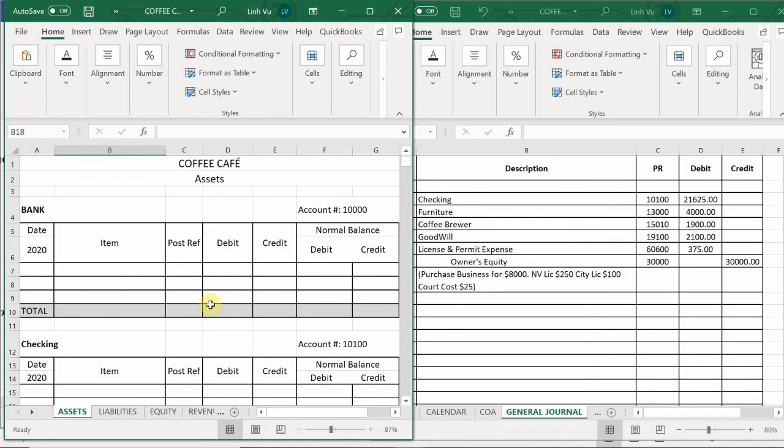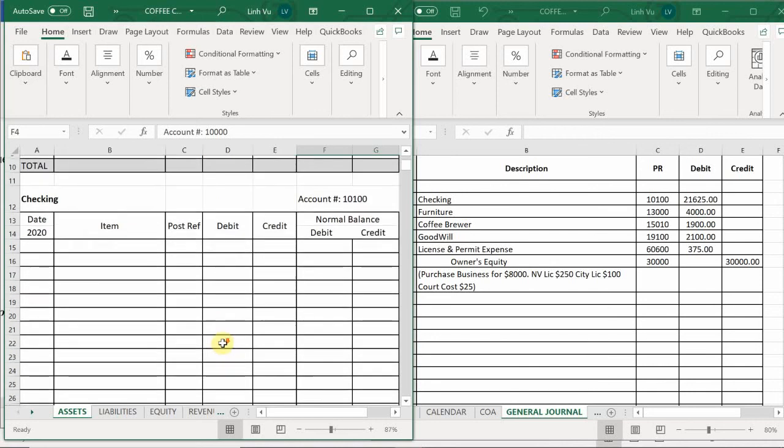If you're using Excel, you can use the lookup feature where you highlight the whole row and then do Control F and type in those letters, and it would automatically pull up that account. Or you can use the account numbers itself, right? If you know the account number, you'll be able to locate it a lot quicker. But in this case, because this is a small business, there's not that many accounts.